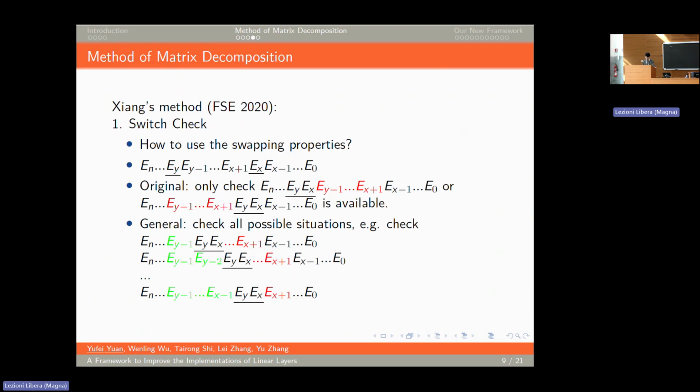And in our work, we slightly improve the search range. We will check all possible situations within E_{y-1} and E_{x+1}. But it consumes a lot, so we want to discuss it here.